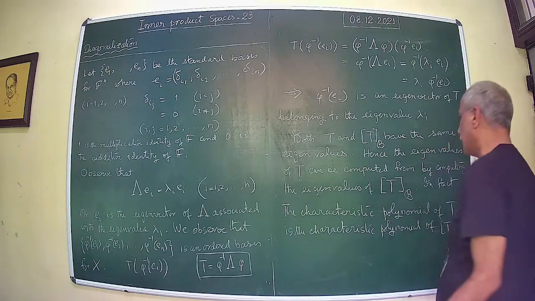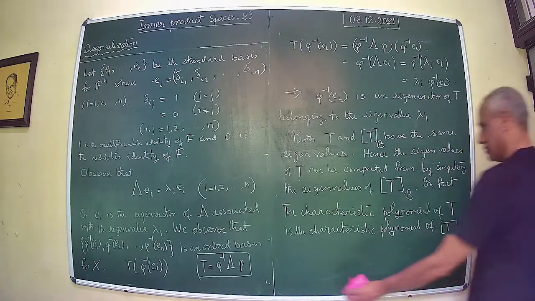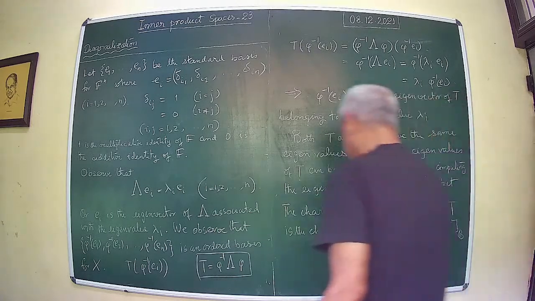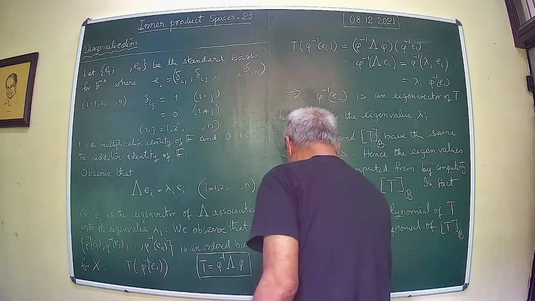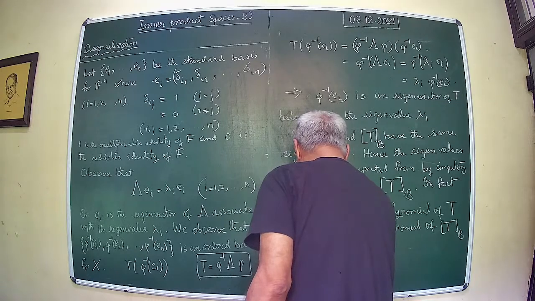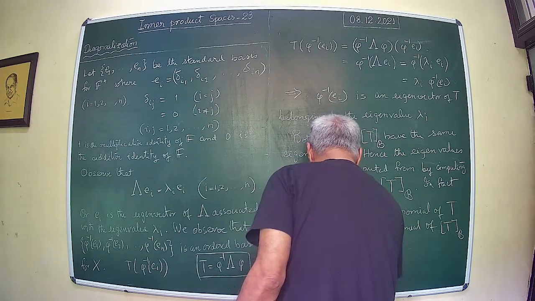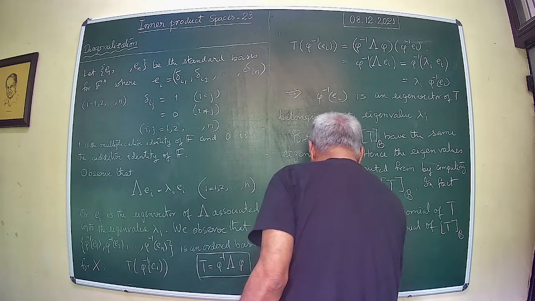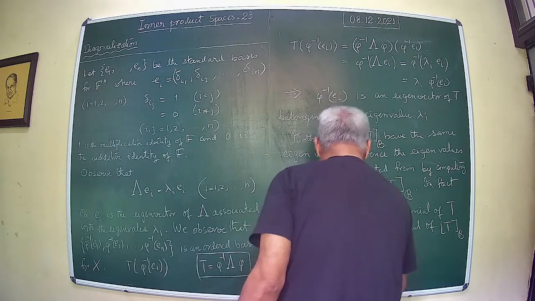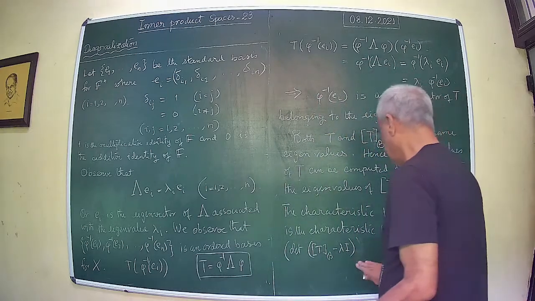Which is an n by n matrix, and you know how to calculate this, that is the characteristic polynomial P lambda.